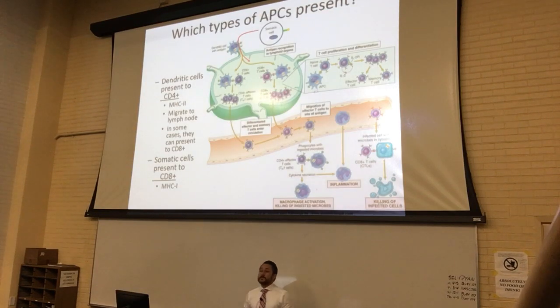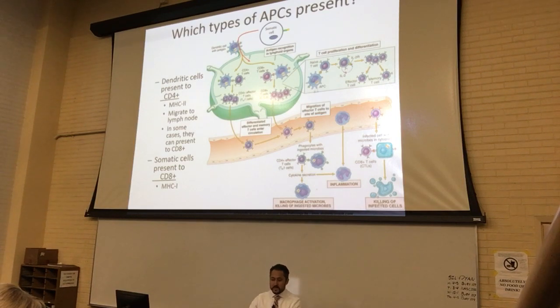We looked at this chart, but I've added some more detail because, in my opinion, showing this chart once isn't enough. So it's nice to come back to it because there's a lot going on in this diagram. And I added in another cell that wasn't in the slide earlier, and that's the somatic cell.